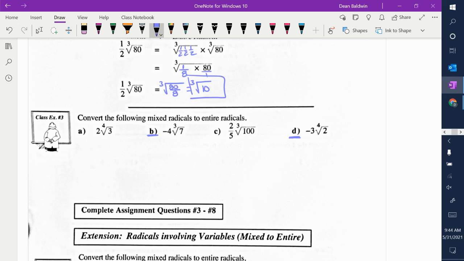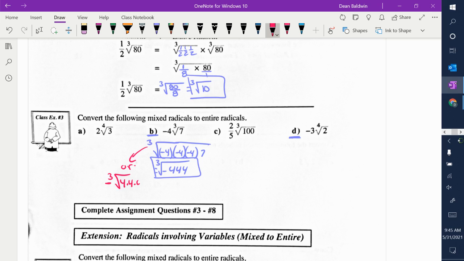So for B, you could put in all 3 of the -4s, and that'll give you -448 cube rooted. Or you could leave the negative on the outside and write negative cube root.